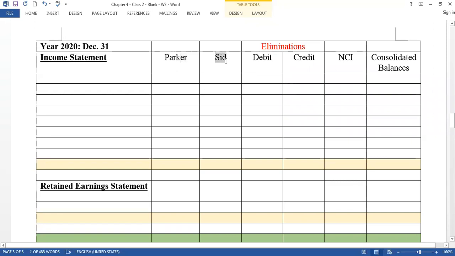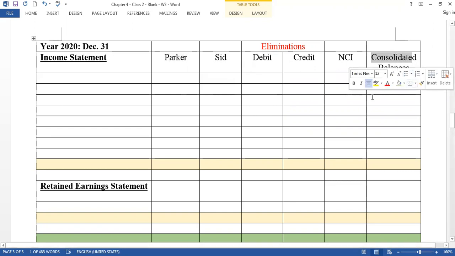This is the subsidiary company's information. And what is the meaning of consolidation? Consolidate means combined, P plus S. Can you remember? So this is the parent company's information, this is the subsidiary company's information, and the last column is the consolidated. Consolidated means combining P plus S.